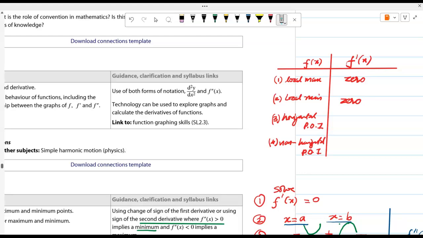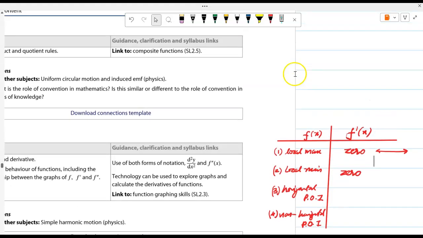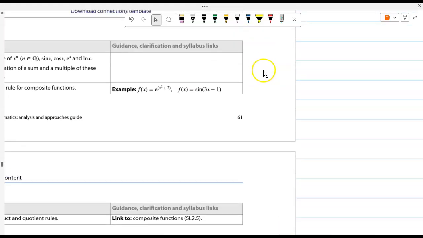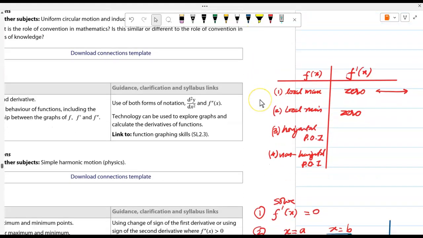Your local max will go from, now what is the sign diagram for local max? If you do the first order, local max will go from positive to negative. You see that earlier we had drawn that somewhere.